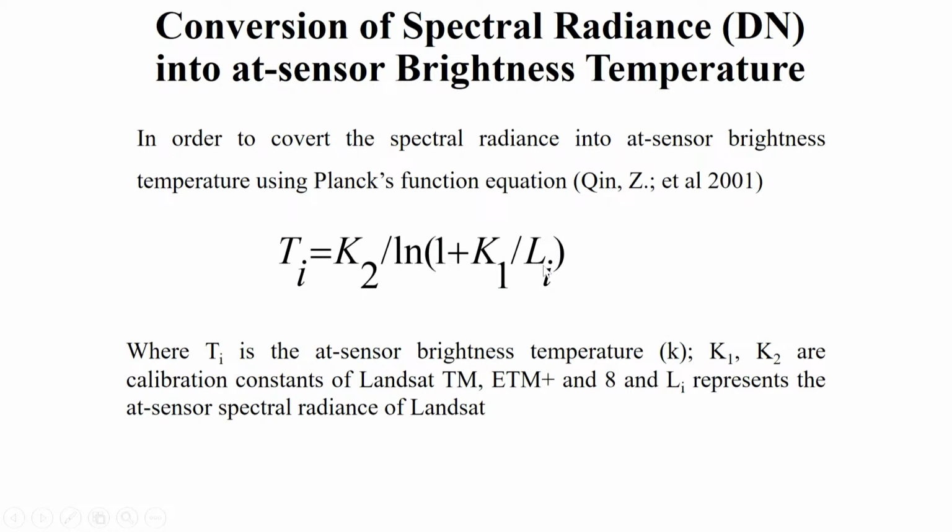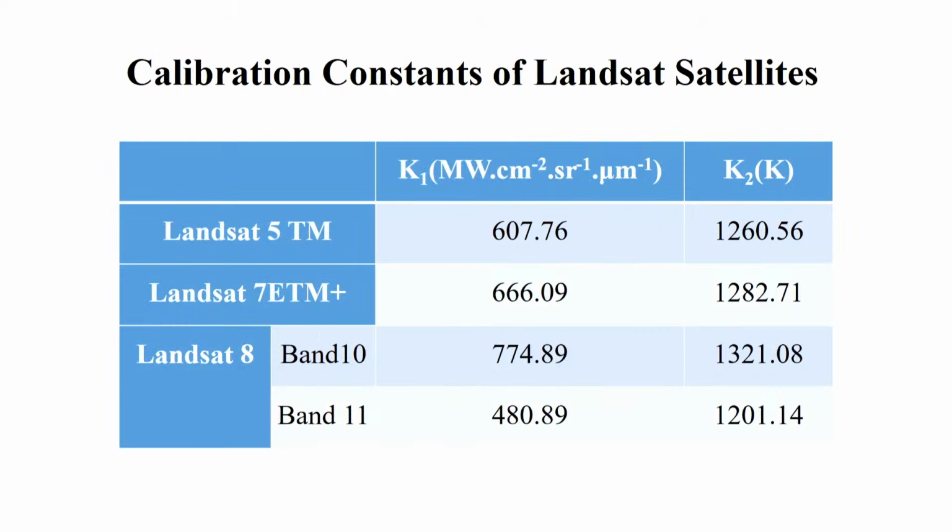So Li will be given as input here, and K1 and K2 are the constants, basically calibration constants. This information will be provided by the agencies, or it can be obtained from the user manual, and most of the time you can also get the calibration constants in the metadata. Here you are going to see the K1 and K2 values for Landsat 5, 7 and 8, and you will see the difference in the values.